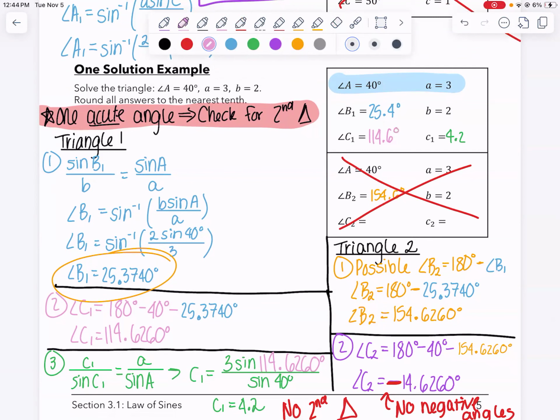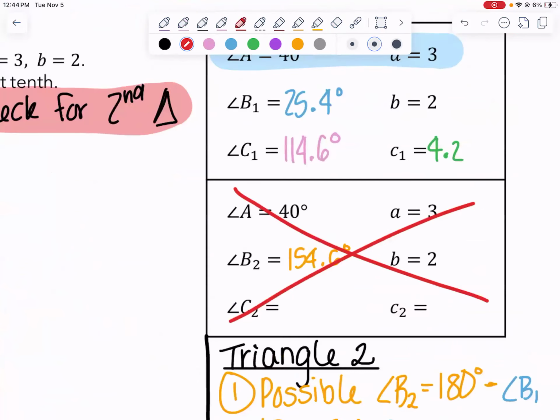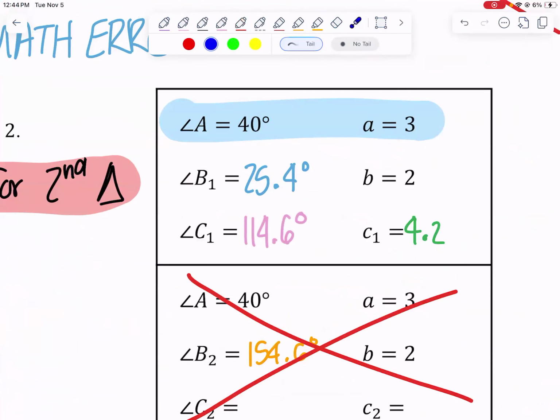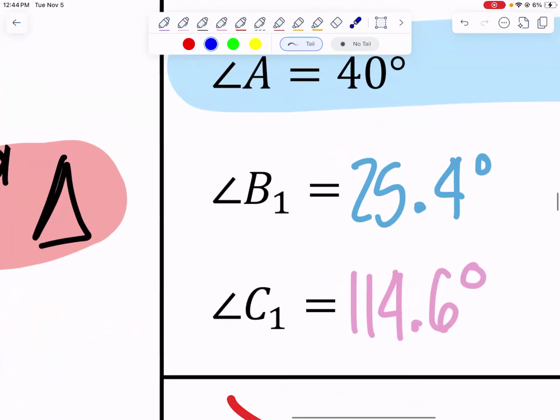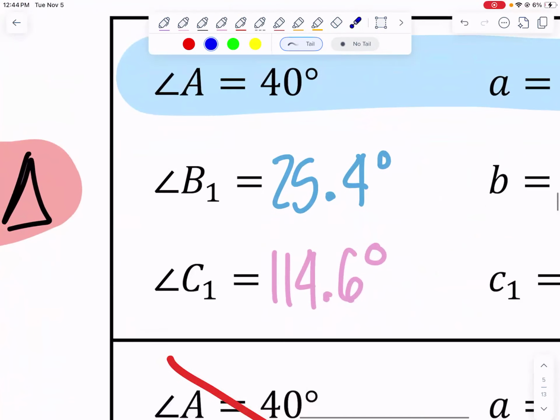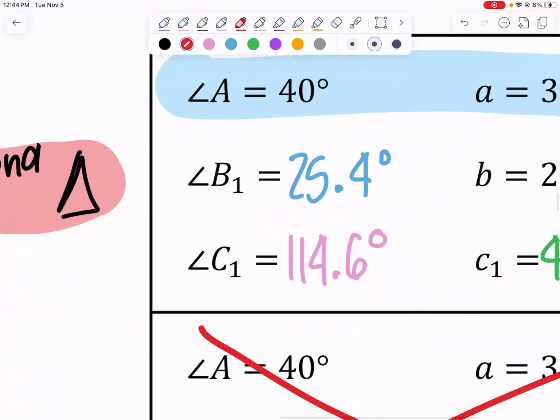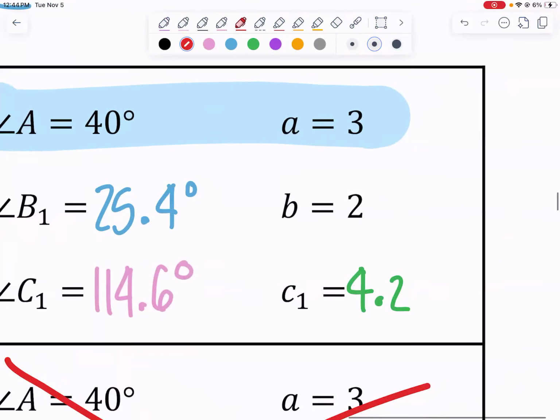By the way, in a previous video, I talked about how the smallest angle should be opposite the smallest side, the largest angle should be opposite the largest side, and how you could do this by organizing it small, medium, large. So the smallest angle is B, the medium angle would be A, the large angle would be angle C1.